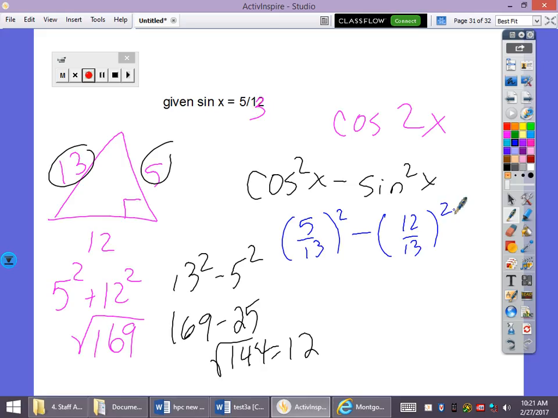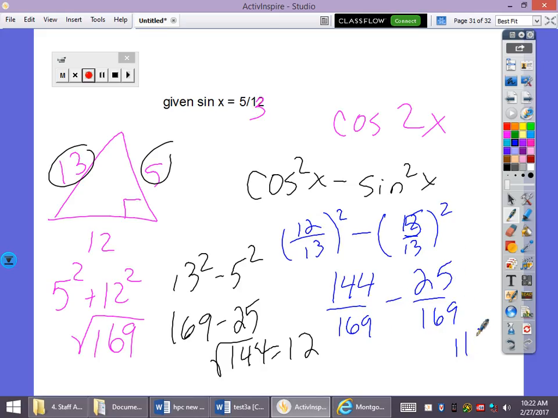Is that correct? Wait, you guys lied to me. It is 12 over 13 that is cosine: adjacent over hypotenuse. And this is 5. So we get 144 over 169 minus 25 over 169, which is 119 over 169.